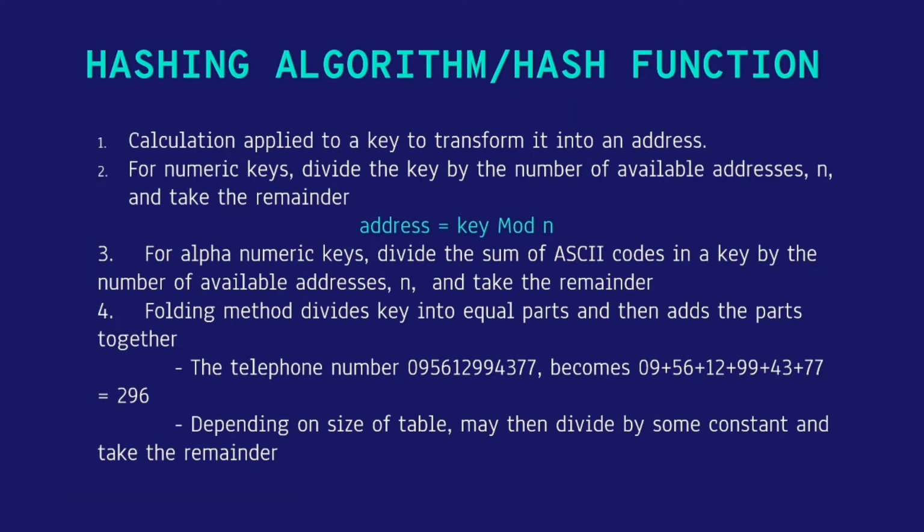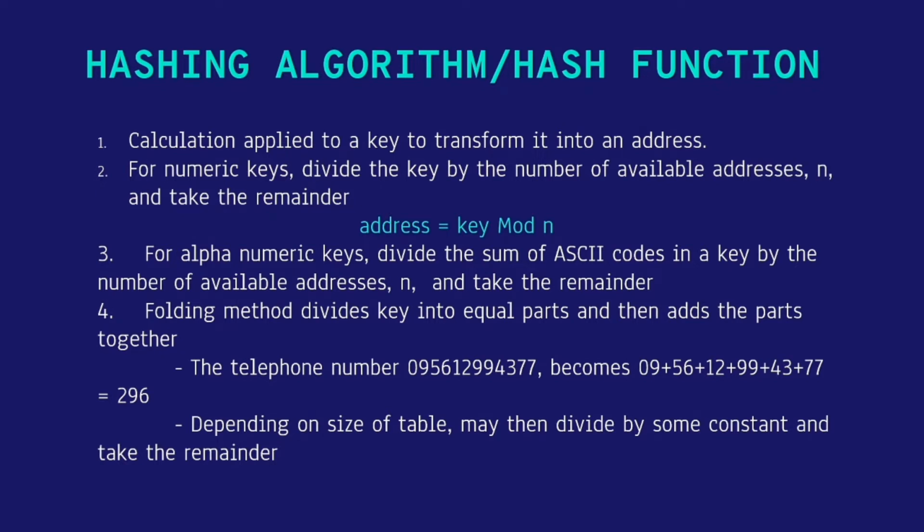Hashing algorithm, also known as hash function, is the calculation applied to a key to transform it into a relatively small index that corresponds to a position in the hash table. For numeric keys, divide the key by the number of available addresses and take the remainder.